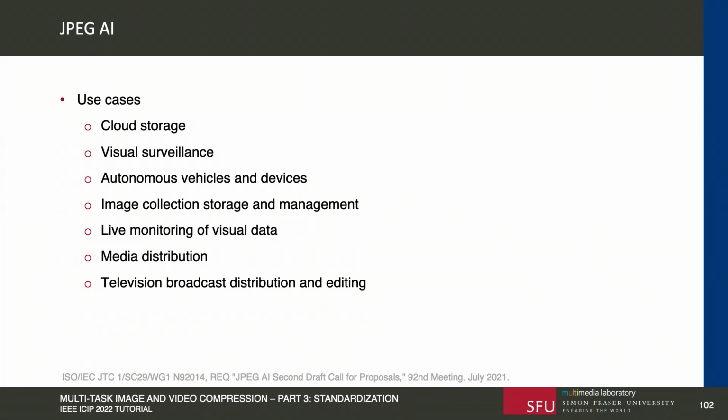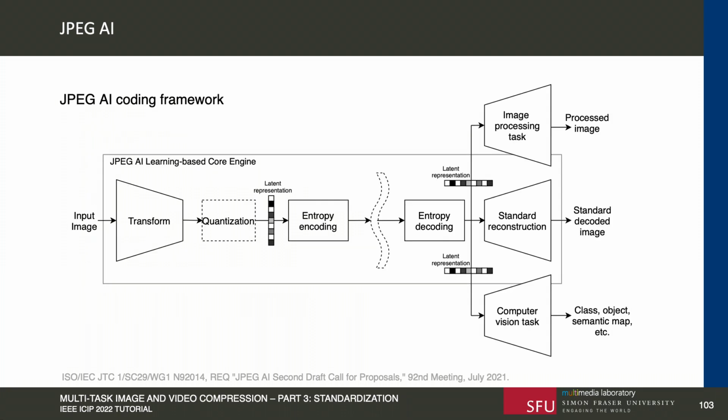Some of the use cases for JPEG AI are cloud-based image storage and management, visual surveillance, autonomous driving, live monitoring, and so on. This is a high-level overview of the JPEG AI coding framework. The encoder consists of a transform, quantization, which creates quantized latent representation, which is then entropy coded.